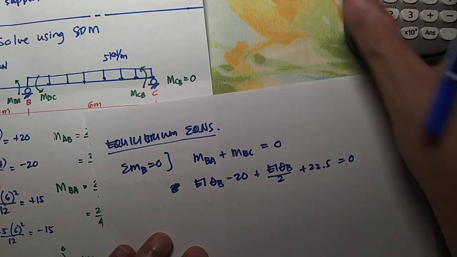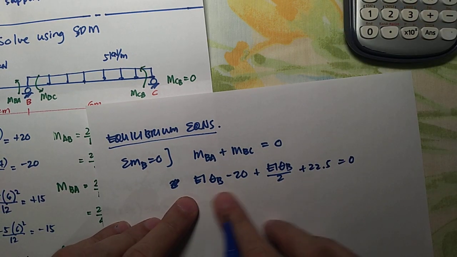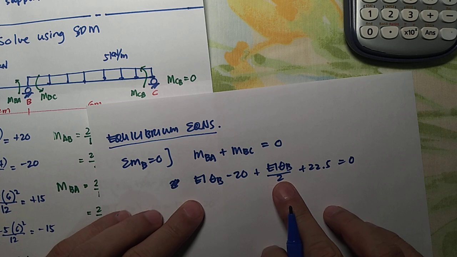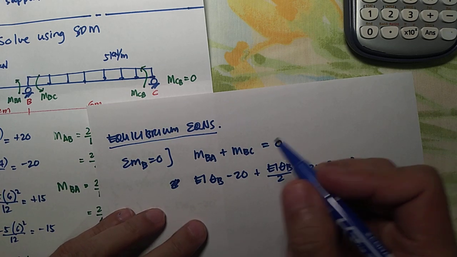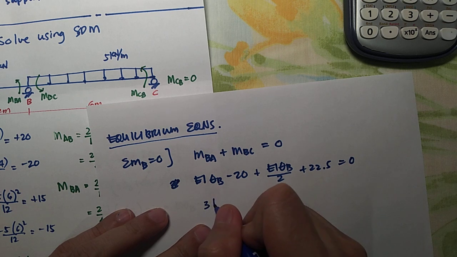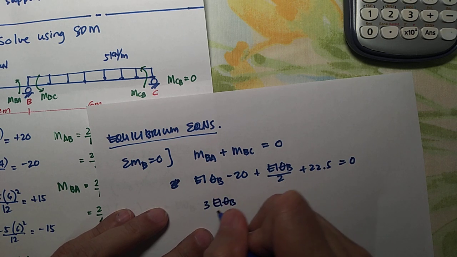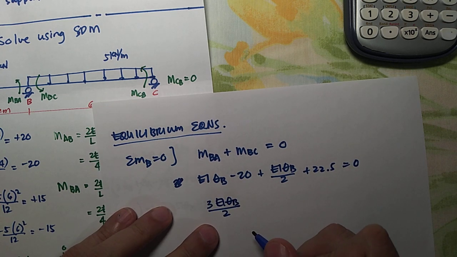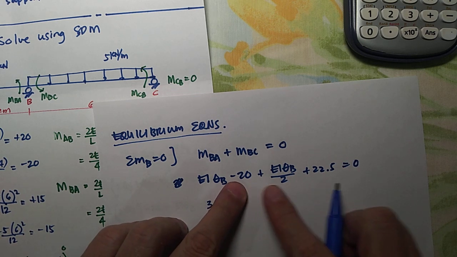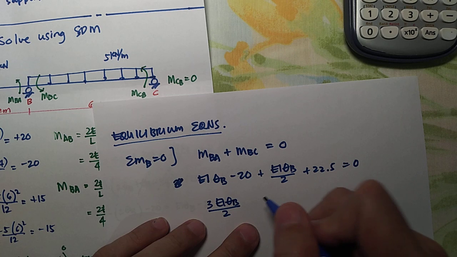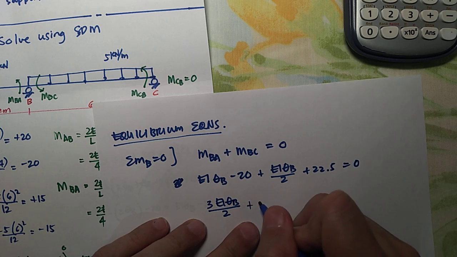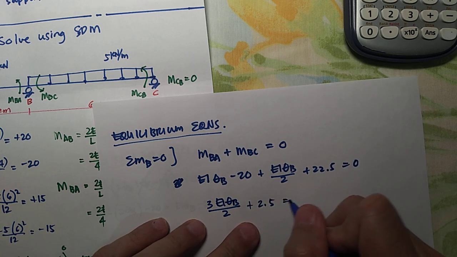Okay, so simplifying this one, 1 plus 1 half is actually 1 and a half or 3 halves. So we have 3 halves for theta B, EI theta B. Then minus 20 plus 22.5 is actually 2.5 equals 0.